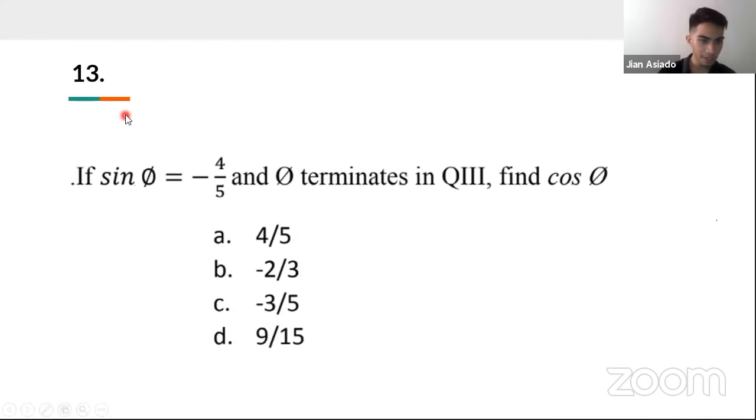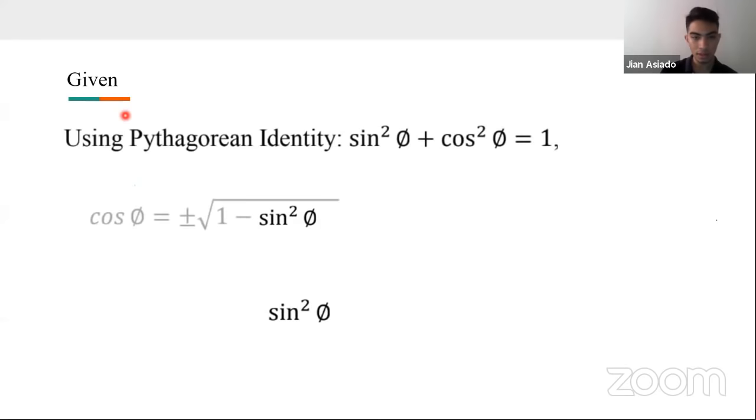Okay, no? So, for number 13, if sine phi is equal to negative 4 fifths and phi terminates in quadrant 3, no? Find cosine phi daw. So again, itong si sine phi, gamit tayo ng Pythagorean identity, no? So ito, lipat mo lang ito, no?